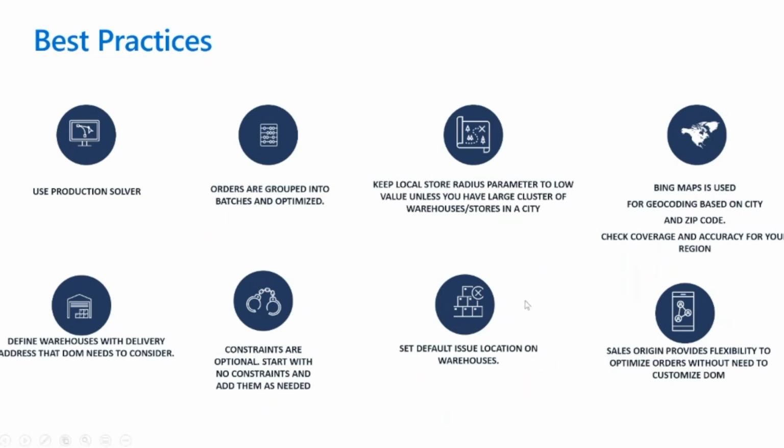If you're using advanced warehouse, things will be different, in the sense of when the order is processed for fulfillment through wave processing. But from the setup perspective, define this default issue location. And last, make good use of the order origin. This is where you may use some of your customizations to fulfill the business need.